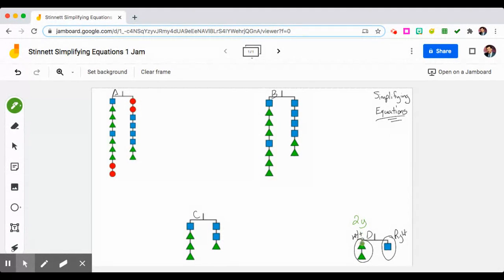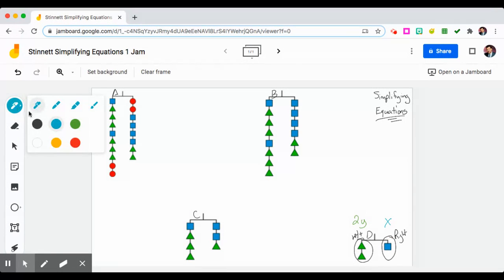It's 2y because there's two triangles, and y represents the triangles. And then on the right side, I have 1 square, and we found out that the variable x represents the square. So I'm just going to write 1x right here.